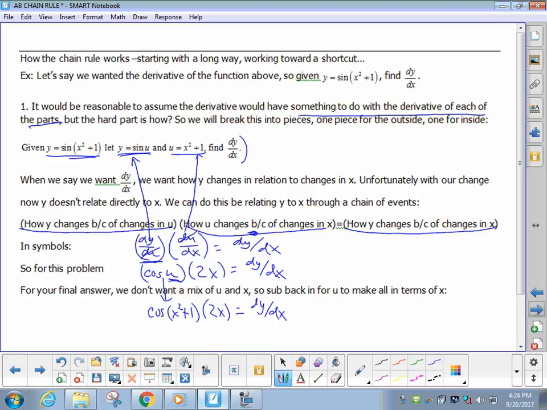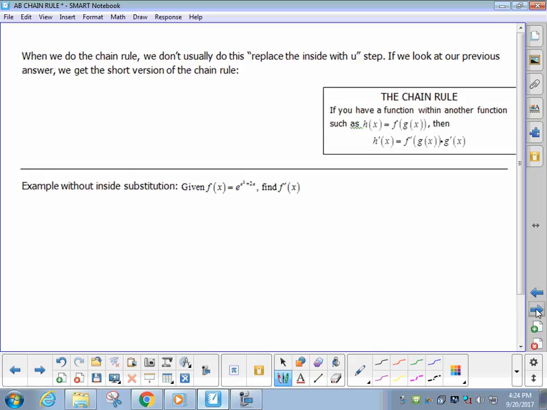Now, if we were to skip this u step and step back and look at what we just did, we could say that when y is sine of x squared plus 1, the derivative was cosine of x squared plus 1 times 2x. In words, when we have a function within a function, we first had cosine.